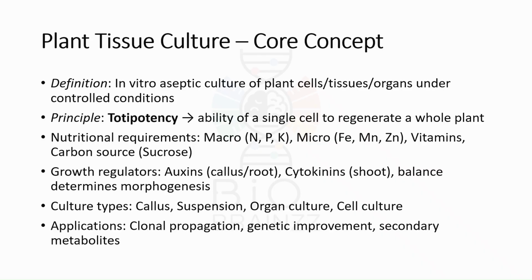Hormonal balance, particularly between auxins and cytokinins, determines whether cells undergo root formation, shoot formation, or callus development. Various culture types, such as callus culture, suspension culture, and organ culture, have diverse applications in clonal propagation and secondary metabolite production.